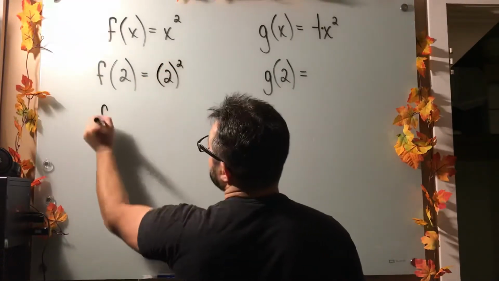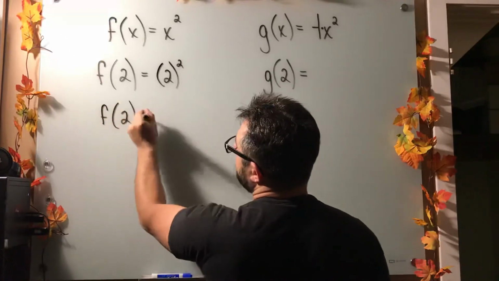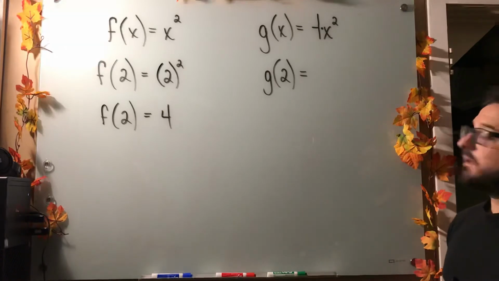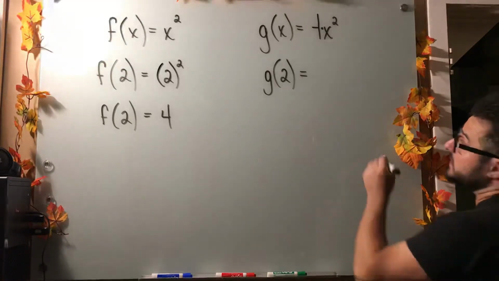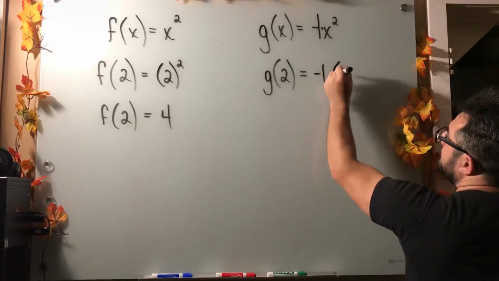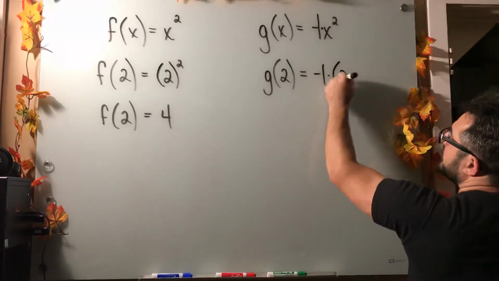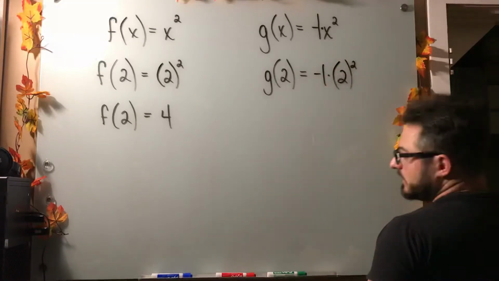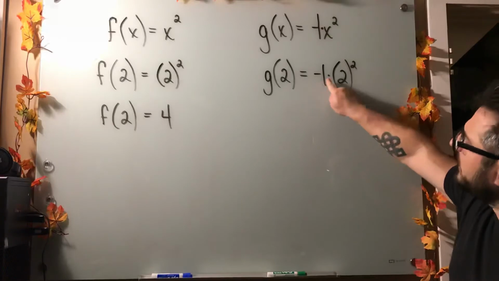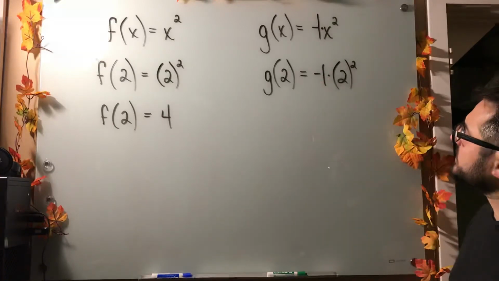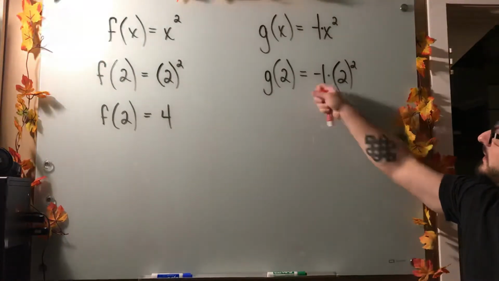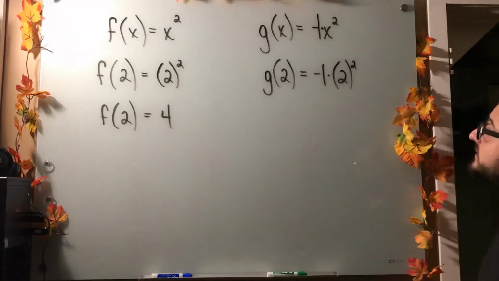2 squared is 4. Now, in the function g, remember order of operations here, and that's part of why I wrote the -1 and the dot for the multiplication. We need to remember that that is a separate multiplication and the exponent has to happen first.